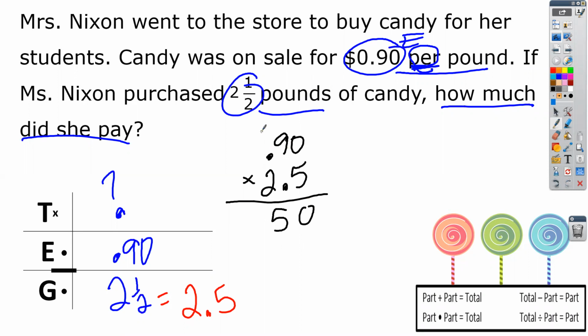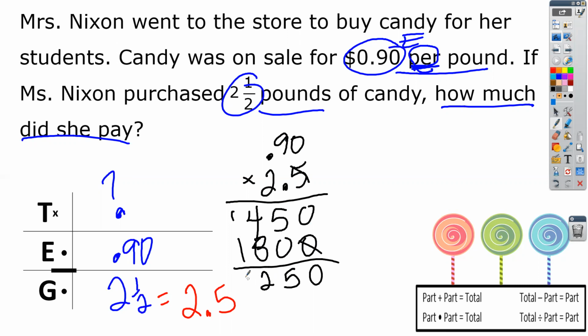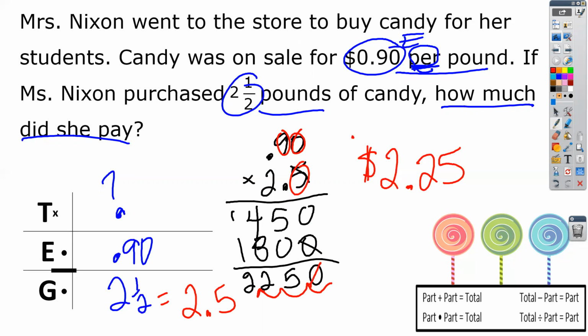Carry my 4, but I have no other number, so let's write it. And then now cross off your 5 and drop a 0. 2 times 0 is 0. 2 times 9 is 18. And if I add it up, 0 and 0, 5 and 0, 4 and 8 is 12, carry, and I get a 2. And then count your numbers, 1, 2, 3. So 1, 2, 3. So Mrs. Nixon spent $2.25, because I can drop that 0, on candy.